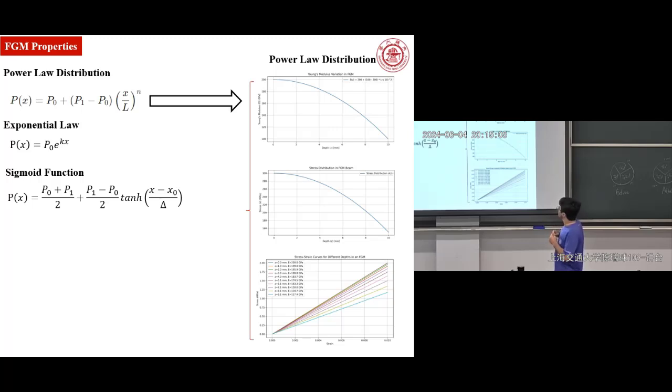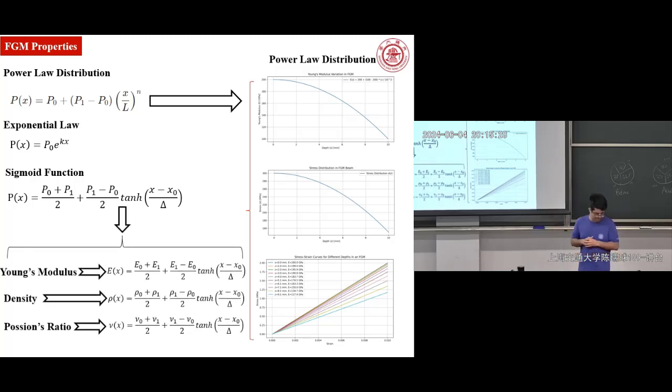So there is no linearity aspects. So FGM material conceptuality is a kind of non-linear material. So it depends on the depth of the structures, especially.